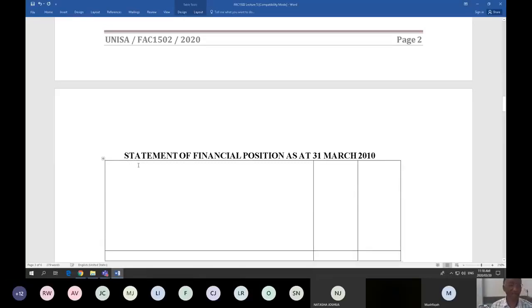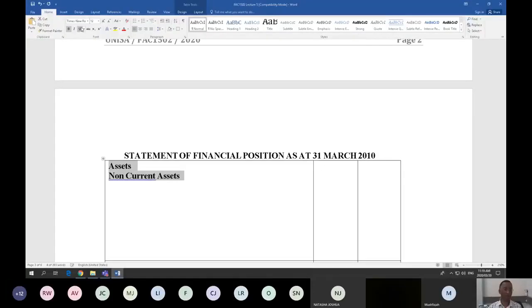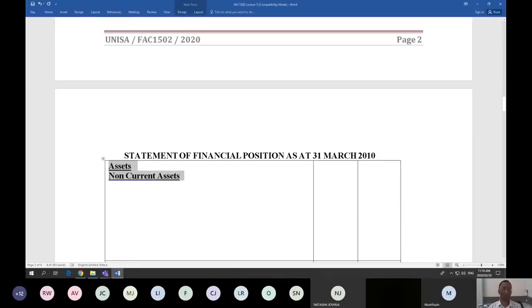The top part of that statement is where we are showing all your assets. And we're first going to work with our non-current assets. Remember, guys, the format is absolutely important. So you need to show and you need to know the format of your financial statements.